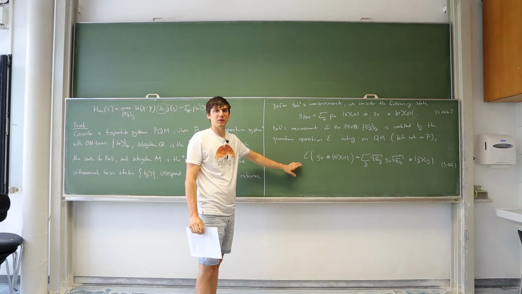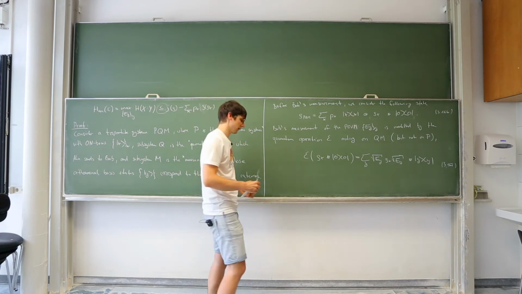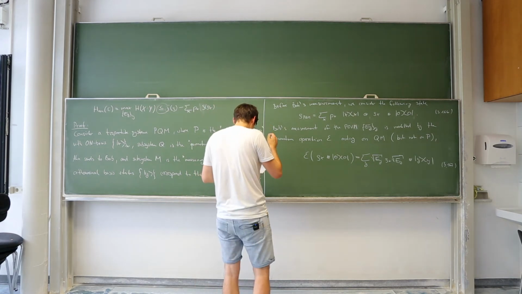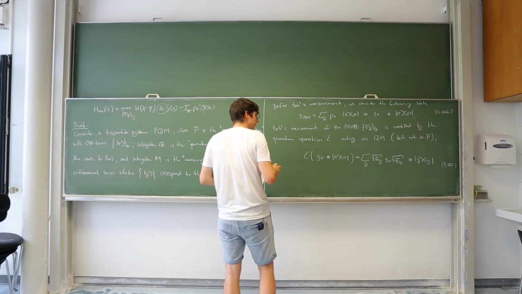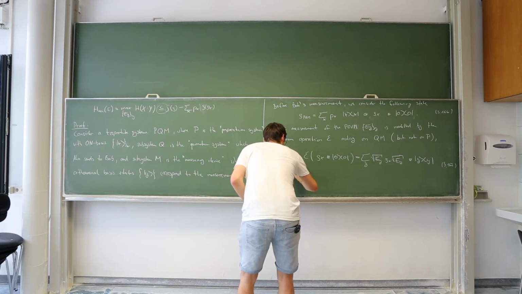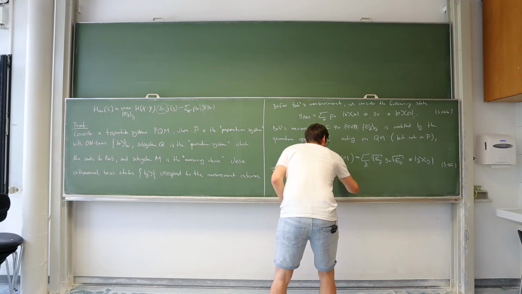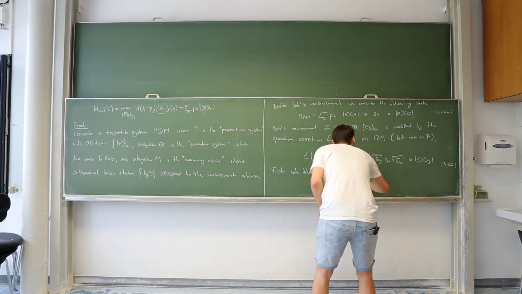The reason that we show that this is a trace-preserving quantum operation is because we can then use the theorem that we just proved about how the mutual information behaves under trace-preserving quantum operations, right? So first note that this is a trace-preserving quantum operation.